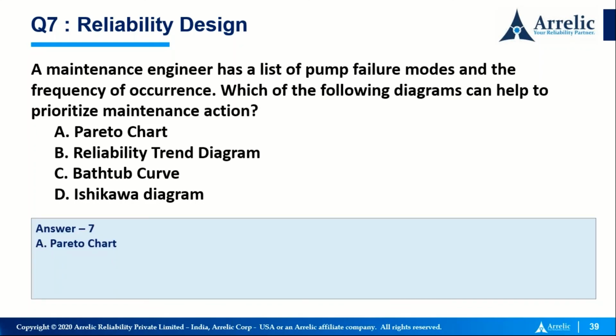Pareto chart. What is Pareto? 80-20. It looks at the 20% of the faults that cause 80% of the cost or the time to the organization. So by knowing that, you spend less effort focusing on these 20% and you get much better reward.